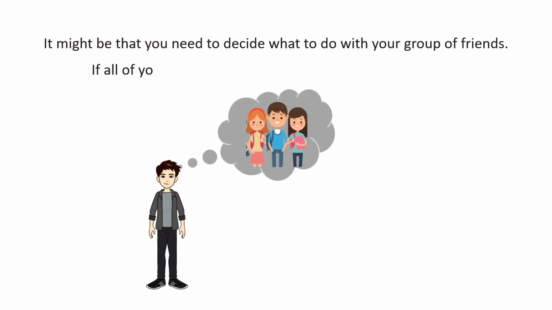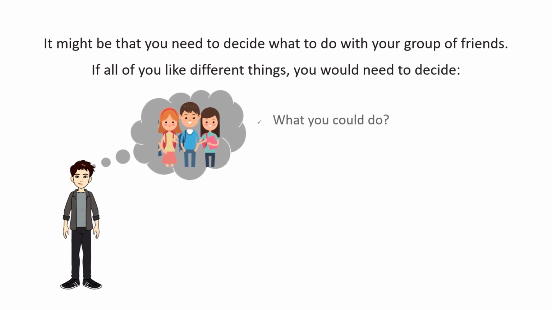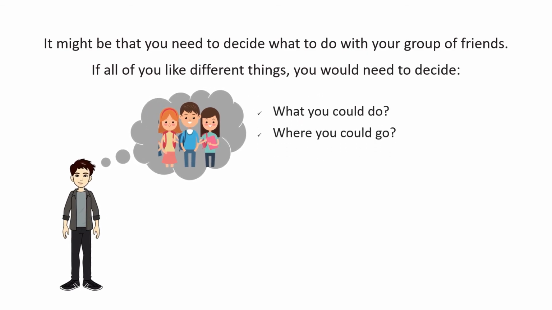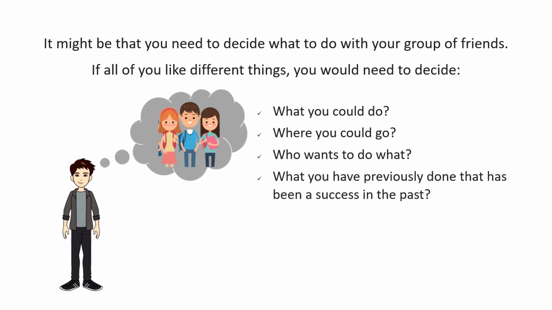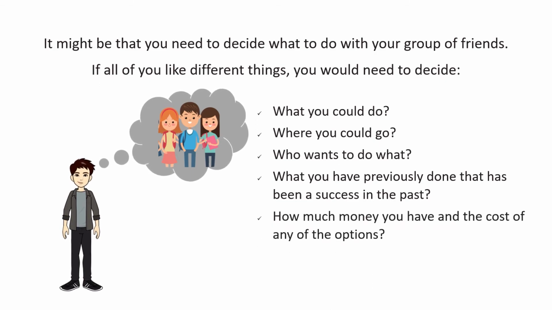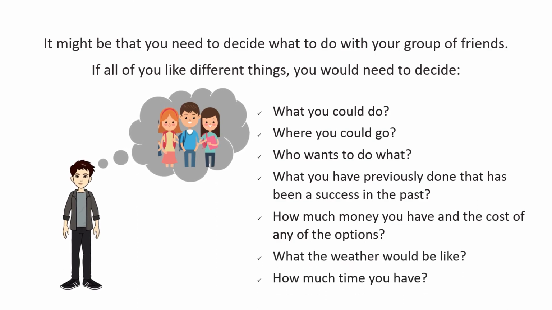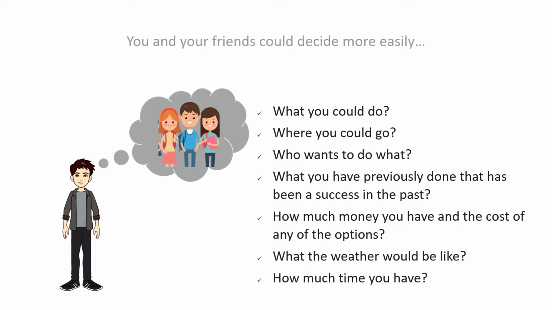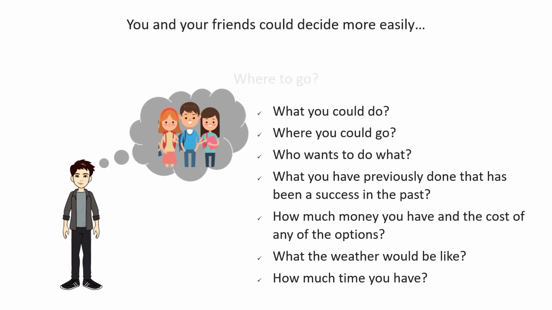If all of you like different things, you would need to decide what you could do, where you could go, who wants to do what, you have previously done that has been a success in the past, how much money you have and the cost of any of the options, what the weather will be like, and how much time you have. From this information, you and your friends could decide more easily where to go and what to do, in order to keep most of your friends happy.